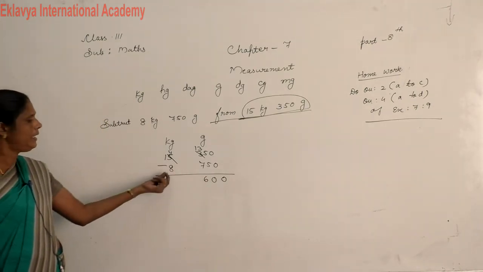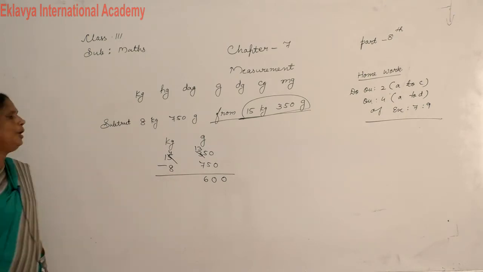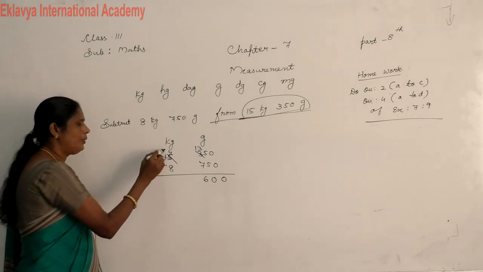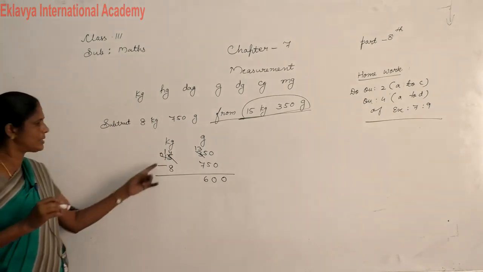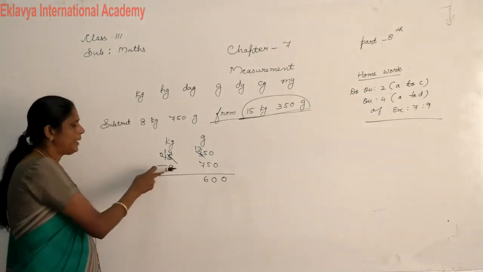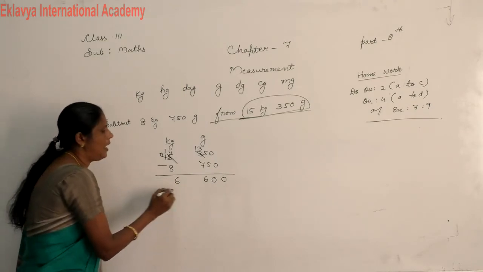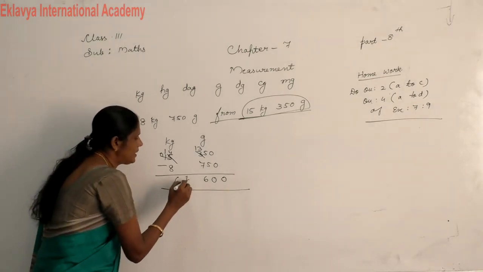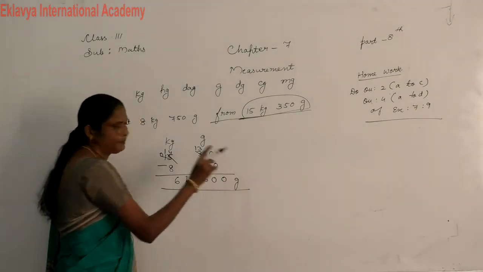Here 8 take away from 4, is this possible? No. You borrow, this becomes 4, here 0, this becomes 14. Now 8 take away from 14, you get 6. Our answer is 6 kg 600 gram.